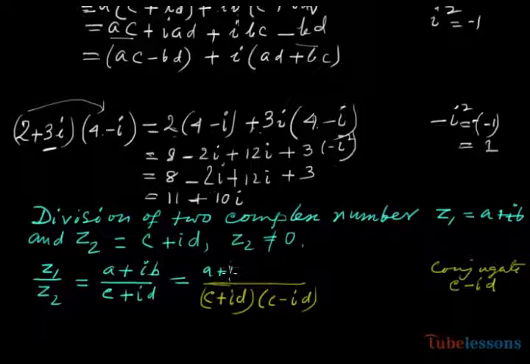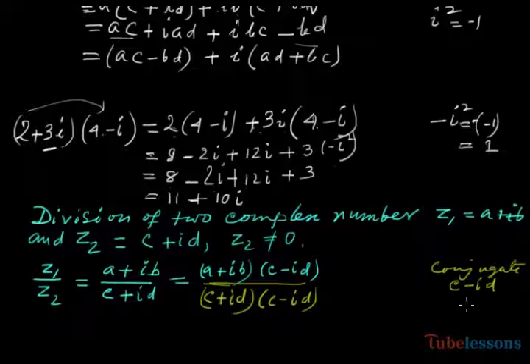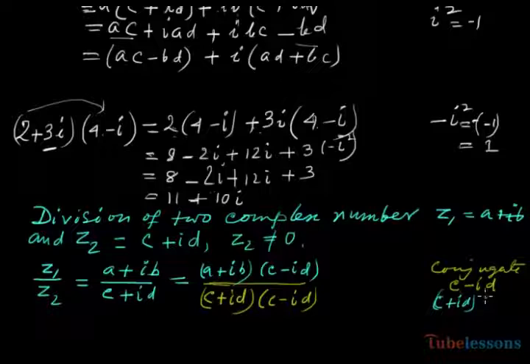A plus iB, and as we are multiplying with C minus iD, both numerator and denominator are multiplied with C minus iD. Now, we have learned that when you multiply C plus iD with C minus iD, together we get C square plus D square.